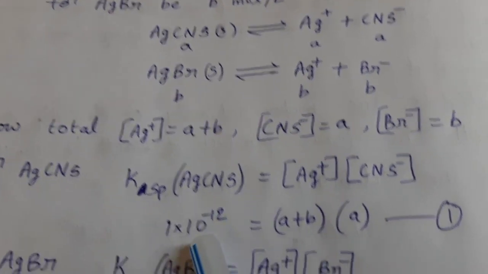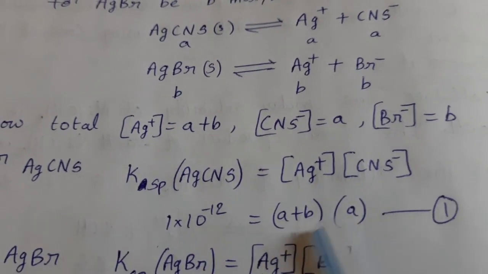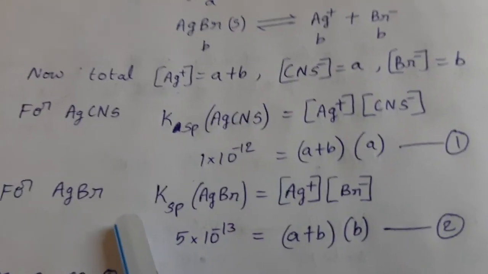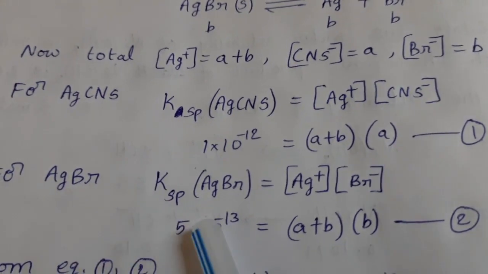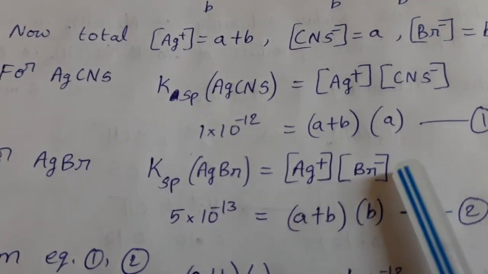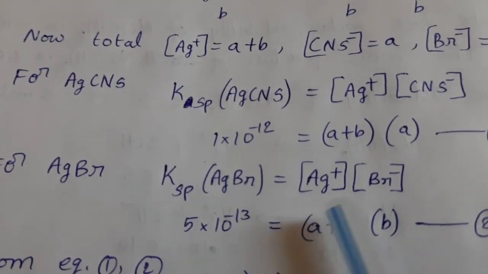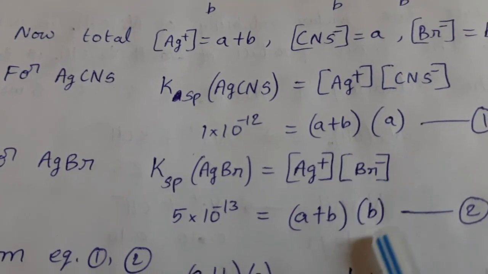This value is given. How much? 1 into 10 power minus 12. For this, A plus B, and for this, A. Similarly for AgBr also, solubility product of AgBr equals silver ion concentration into bromide ion concentration. Substitute this value, for this A plus B, for this B.